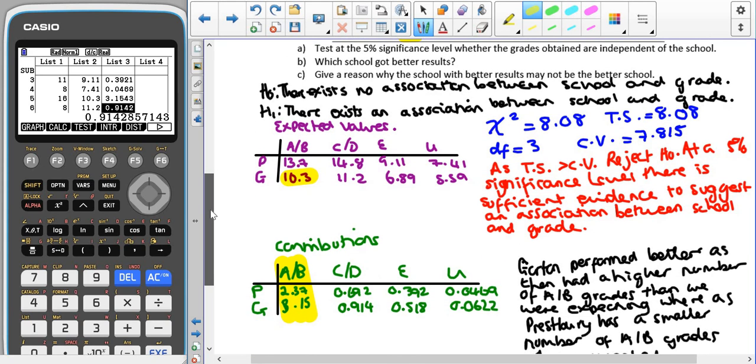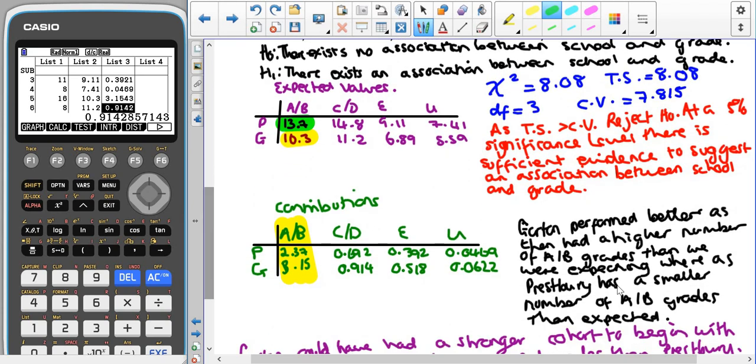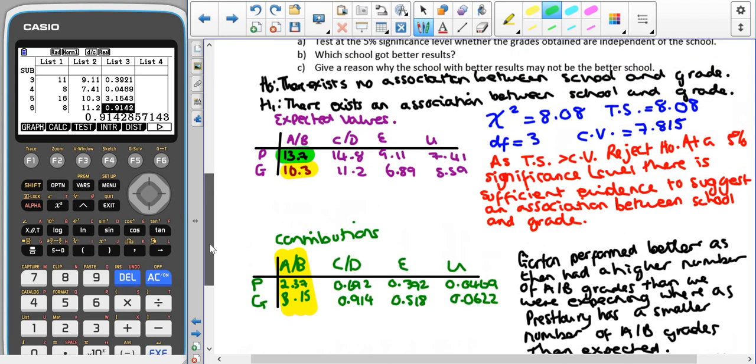So that means that Gorton performed better as they had a higher number of A/B grades than we were expecting. Whereas, if we have a look at Prestbury, we were expecting them to get 13.7, however they only got 8. So that again emphasises that Gorton did better.